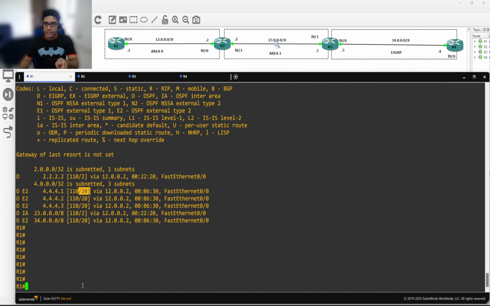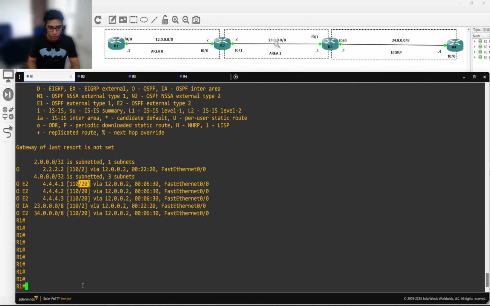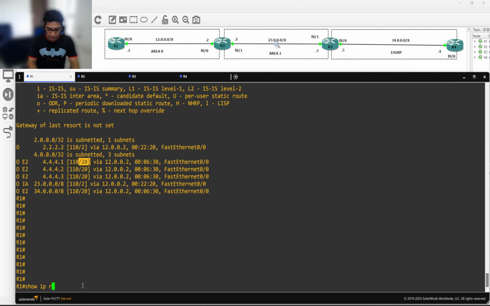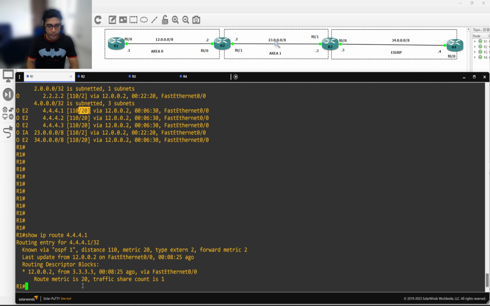And where can we see that external cost? So if I do a show IP route 4.4.4.1, we can see that it says to reach 4.4.4.1, it is known via OSPF 1. The metric is 20. Type external 2, forwarding metric 2. So basically, R1 is adding the cost to reach R2 and R2's cost to reach R3.